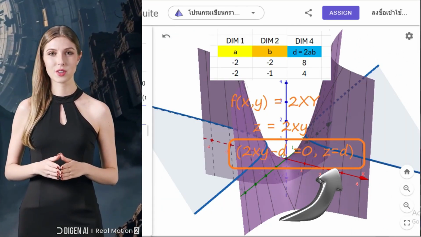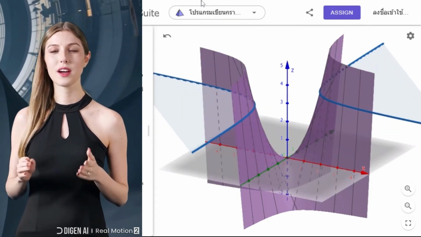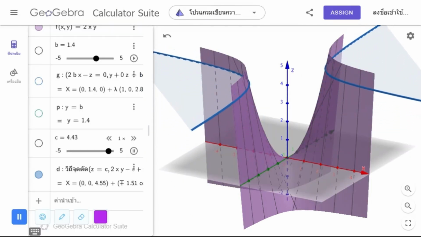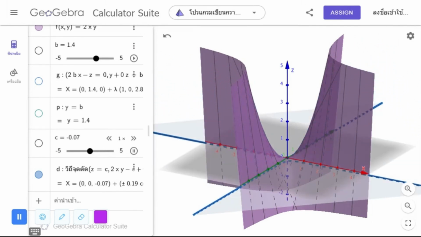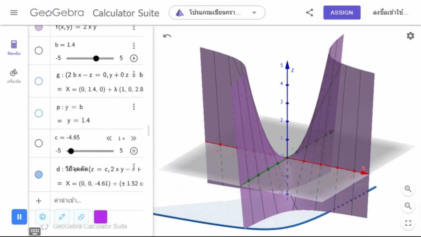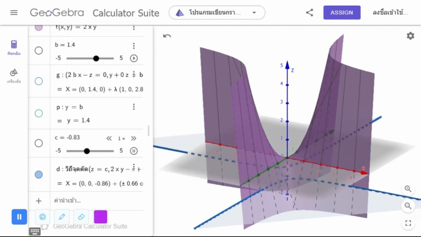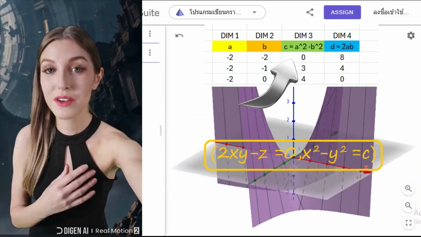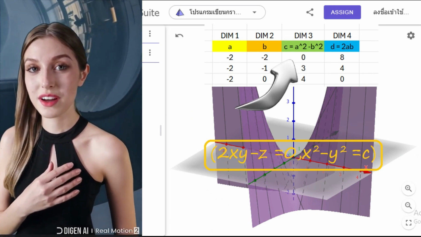The condition in the fourth dimension z equal to d can cause an intersecting line with the complex surface. We jump over the condition in the third dimension, which is invisible from this graph.